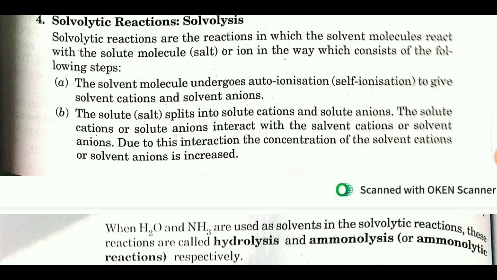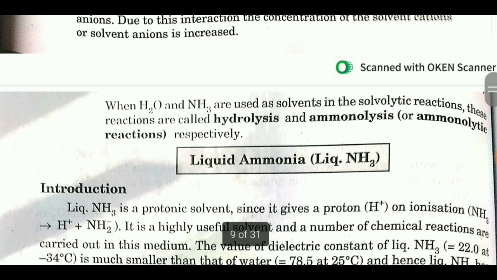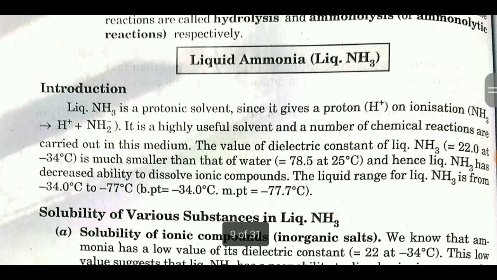C. The solute cations or solute anions interact with the solvent cations or solvent anions. Due to this interaction, the concentration of the solvent cations or solvent anions is increased. When H2O and NH3 are used as solvents in the solvolytic reaction, these reactions are called hydrolysis and ammonolysis or ammonolytic reactions respectively.